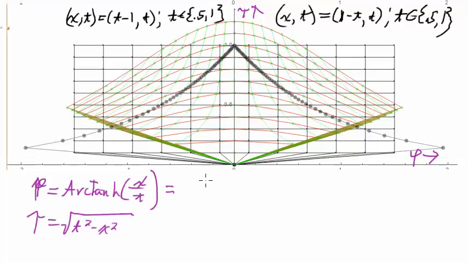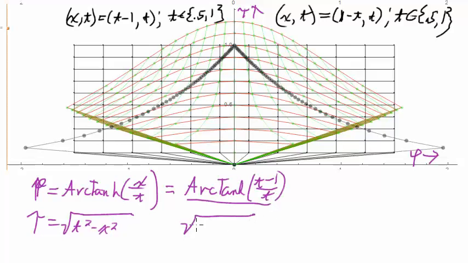So on the left-hand side, this is arctangent of t minus 1 over t over square root of t minus 1 squared minus x squared. I'm sorry, t squared minus x squared is t squared minus t minus 1 squared.